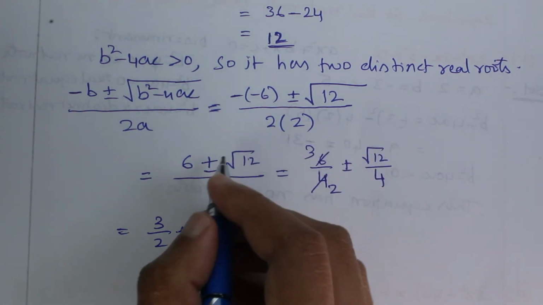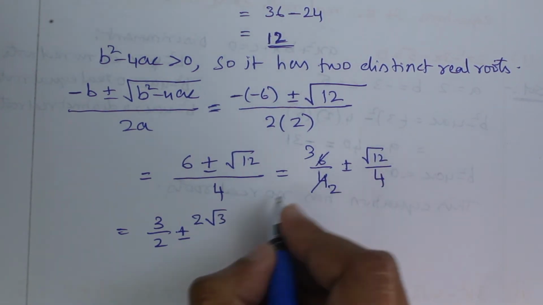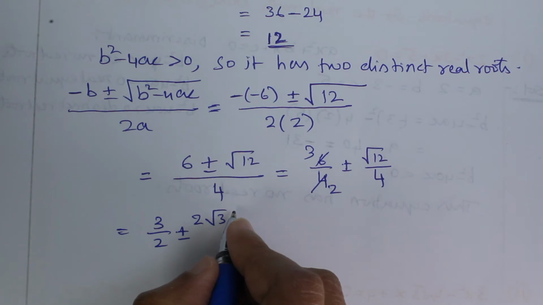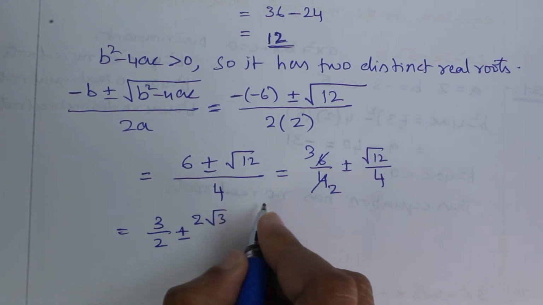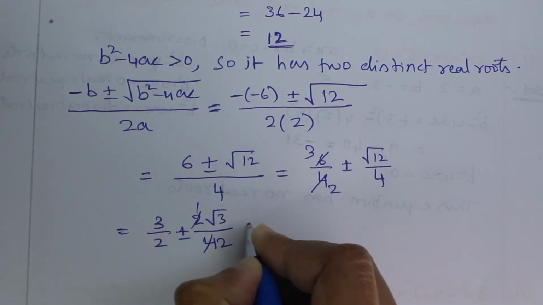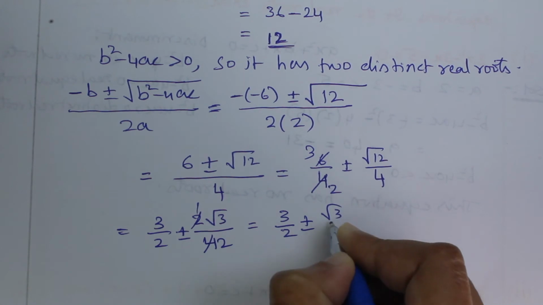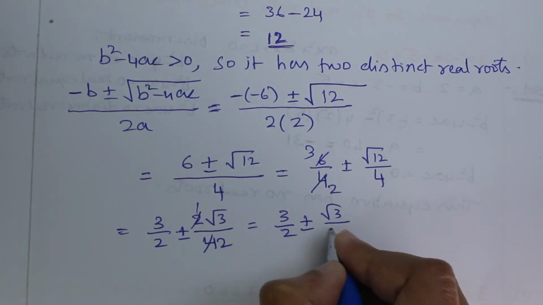So 4 into 3 becomes 2 root 3. So root 12 can be written as 2 root 3 because if 2 goes inside it becomes 4, 4 into 3 is root 12. So by 4, 2 ones are 2, 2 twos are 4. So that is equal to 3 by 2 plus or minus root 3 by 2.